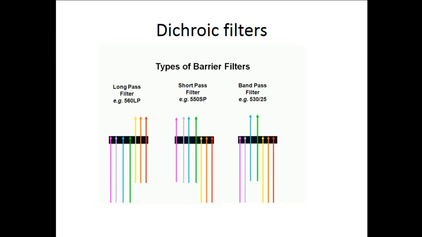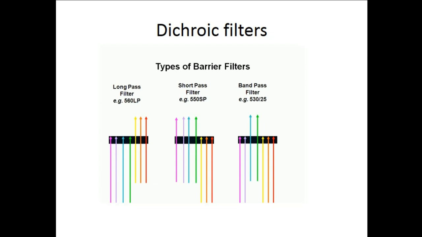That means any light that's above 560 nanometers will be allowed to pass through the filter. That's a long pass filter. A short pass filter, say of 550 or 560, will allow light that is below 560 to go through.